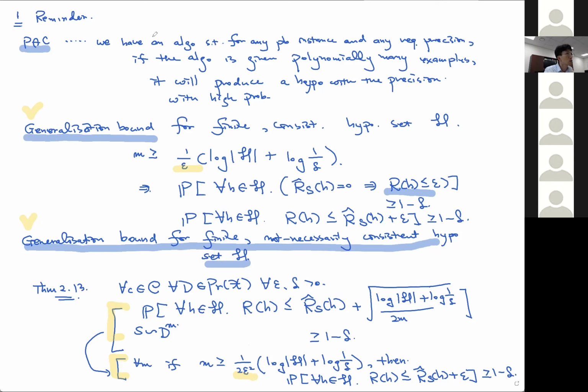And we looked at the proof of this, theorem 2.13. I said the proof uses Hoeffding's inequality. So we are proving theorem 2.13.